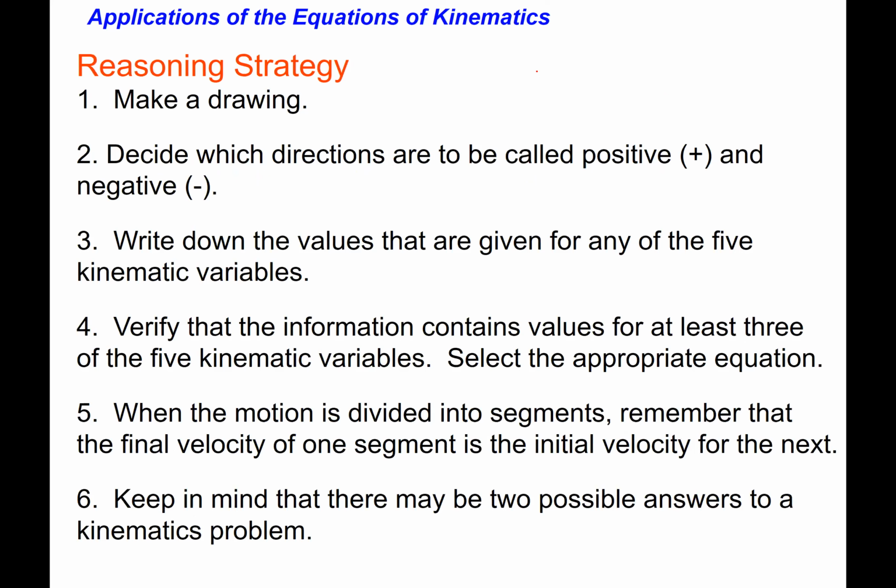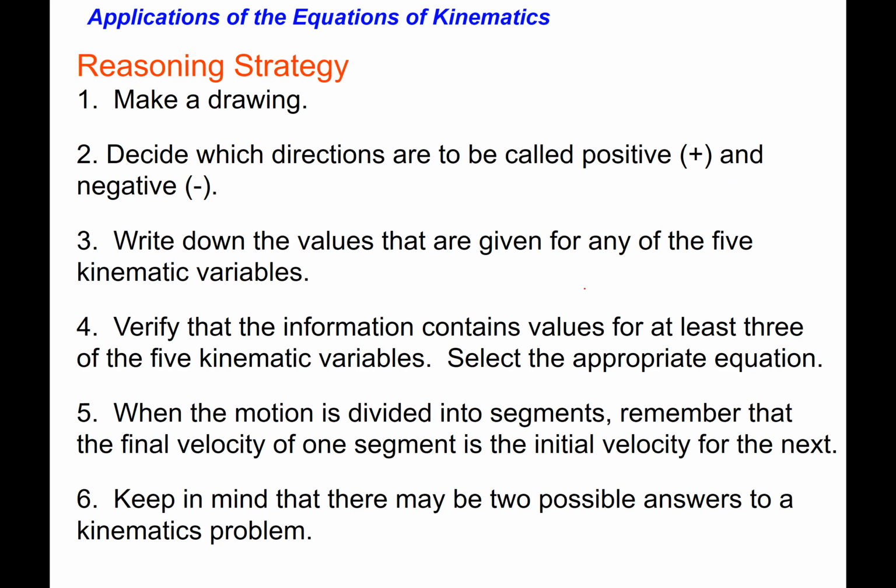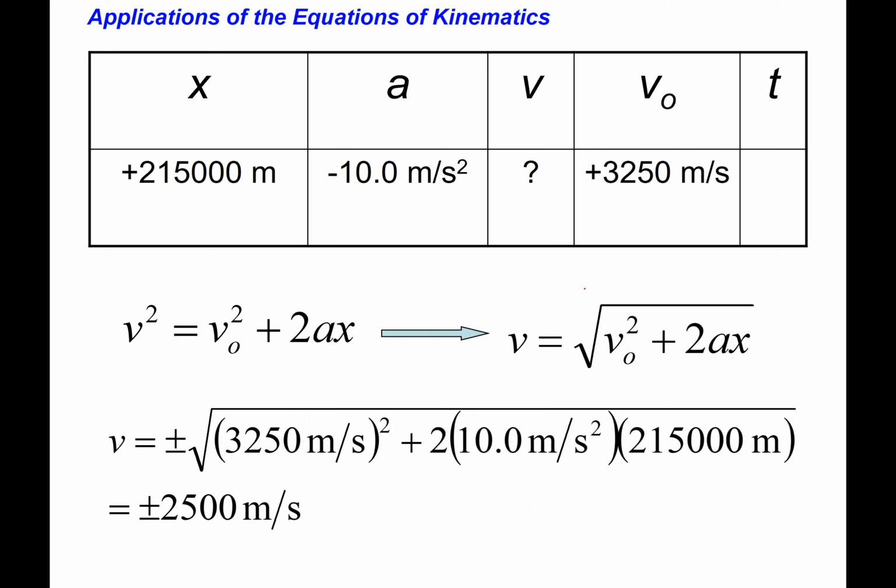So if we look here, we notice that equation 1 has time, 2 has time, 4 and 5 have time. So I must use what I'm given. I'm not given time, and therefore I choose the equation that does not require me to know time. Once I find the equation, then the equation itself has to be rearranged to solve for the unknown.